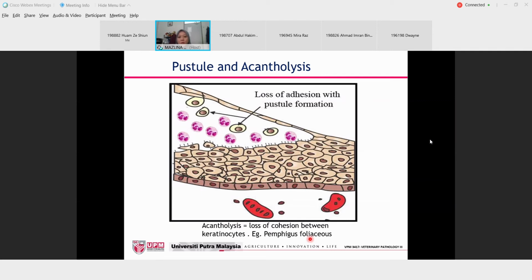So when the antibody attacks this structure, that's why there is loss of cohesion between the cells. Okay, and usually this skin is prone to secondary bacterial infection, thereby you see the formation of pustules, because of the migration of the neutrophils.